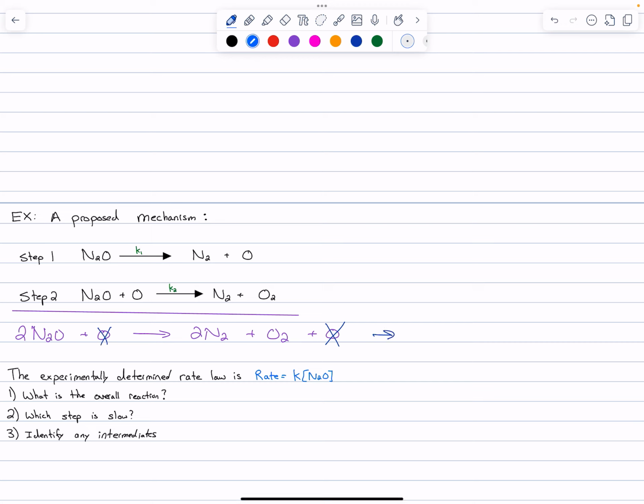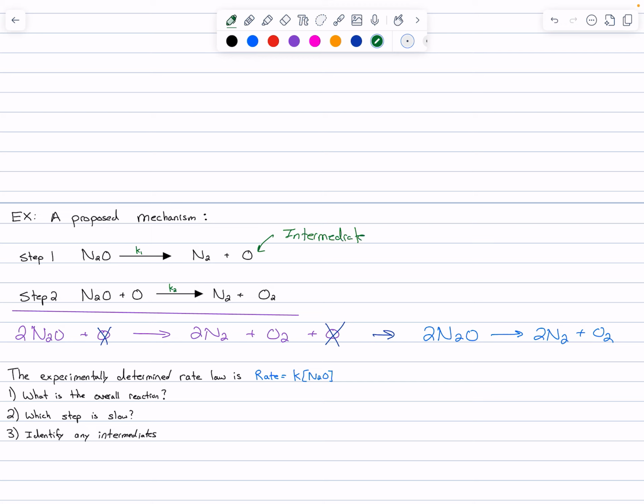So the overall reaction would be 2N2O producing 2N2 plus O2. And so that means this O is an intermediate.